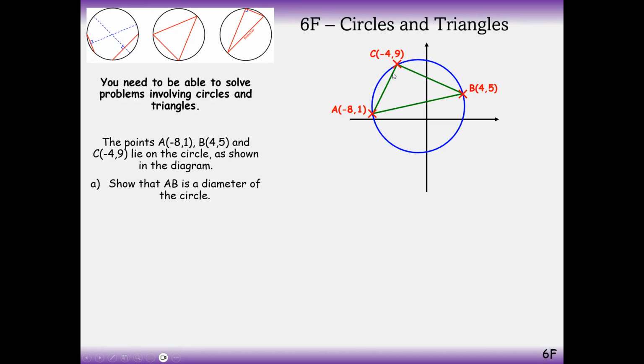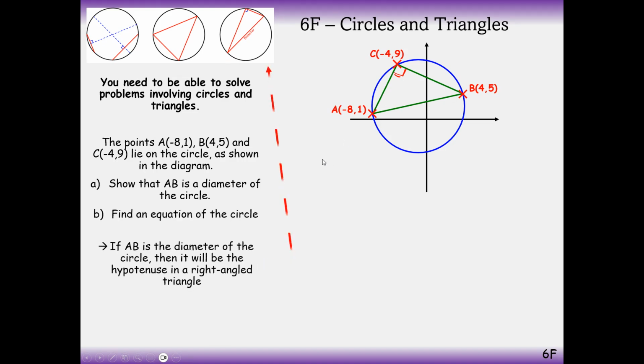You can find the gradient of A to C and show that it's perpendicular to the gradient of C to B. That's one way, the gradient method. If you prove that these two lines are perpendicular to each other, then the third line is a diameter of the circle. You can use circle theorems in reverse to say that's true, or you can use the distance formula. All right, so it's up to you.